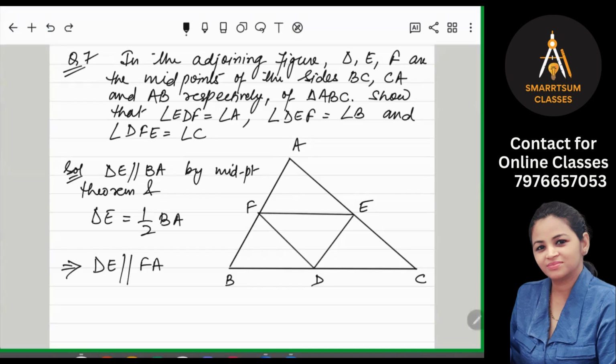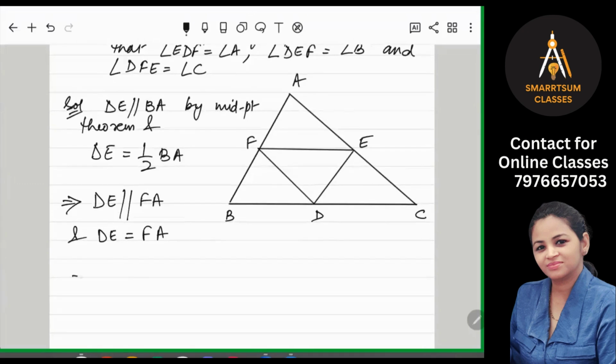And DE is equal to FA. Why? Because F is the midpoint of AB. Since DE is equal to half of the side AB, FA will be equal to DE.